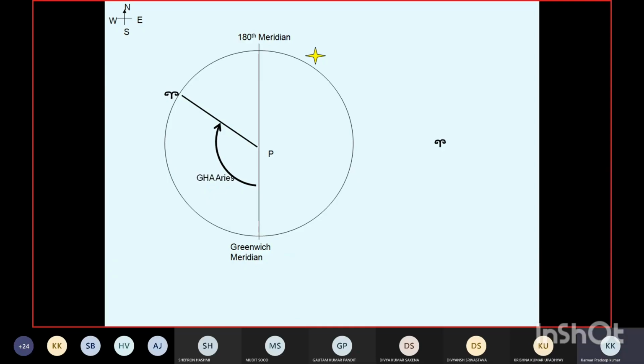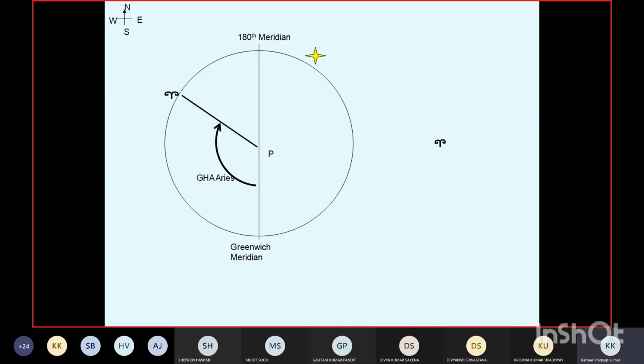So GHA Aries. Let me repeat the definition. The arc of the equinoctial or angle at the pole contained between the meridian passing through Greenwich and the meridian passing through the first point of Aries, measured westerly, measured westwards.